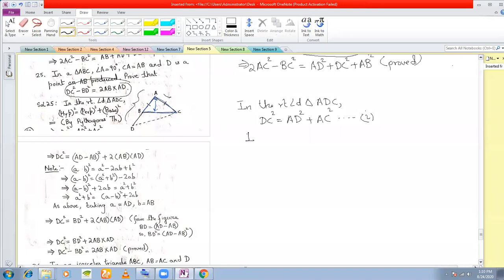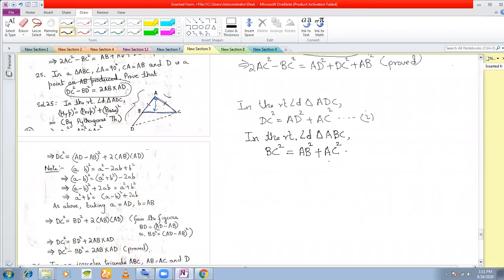So in the right angle triangle ABC, BC square, because BC is the hypotenuse, is equal to AB square plus AC square.